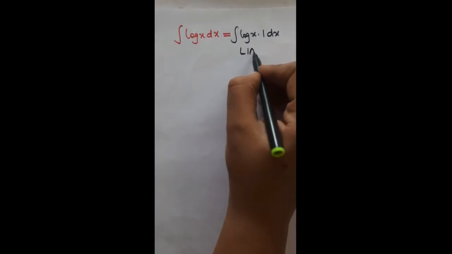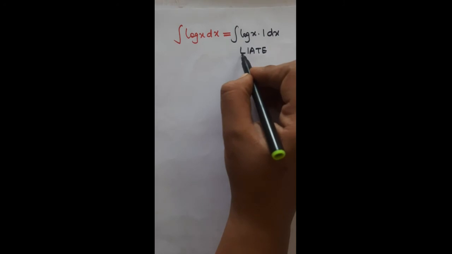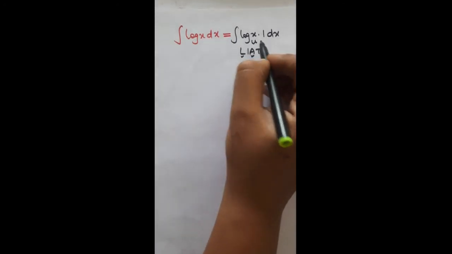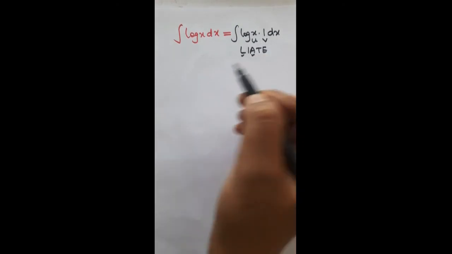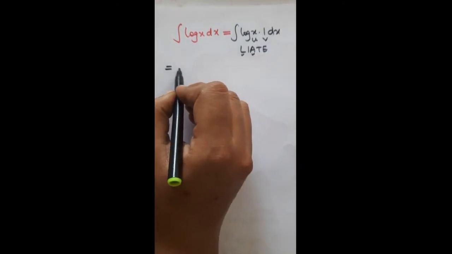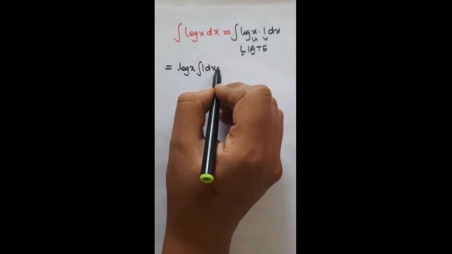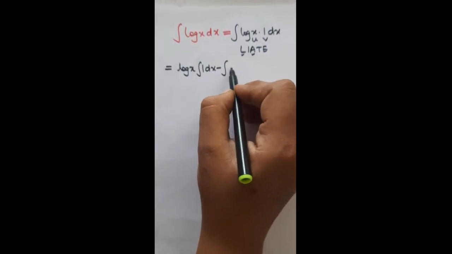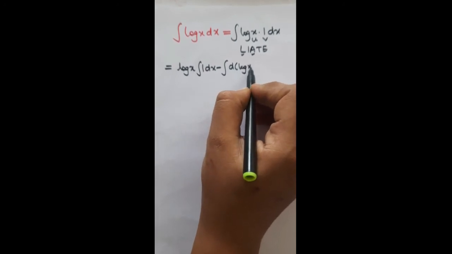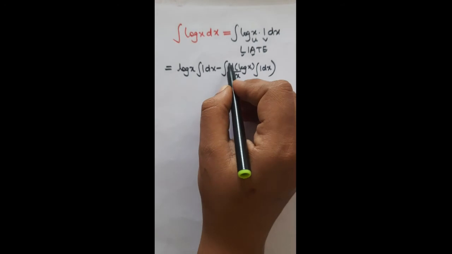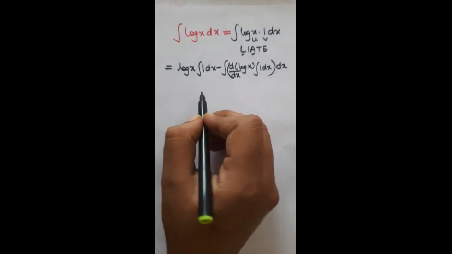Now consider the word LIATE. Logarithm function is given preference over algebraic function. So consider log x as u and 1 as v and continue. Log x, first function as it is, integrate the second function minus integration of derivative of the first function, integration of the second function, take their product and then integrate.